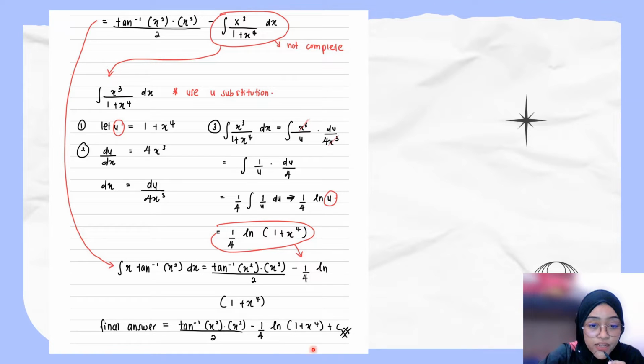And this is the final answer that I get for this question: inverse tan x squared multiplied by x squared over 2, minus 1 over 4 ln of 1 plus x to the power of 4, plus c.